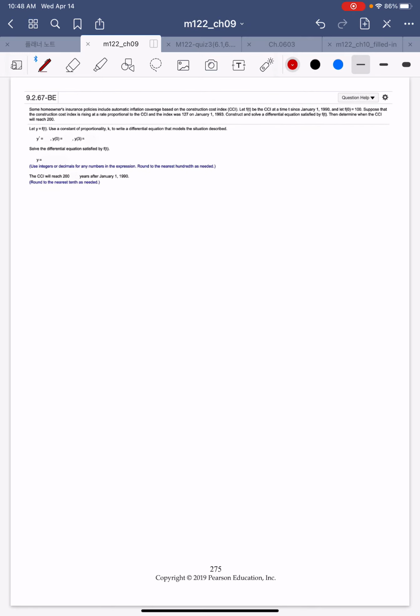Some homeowner insurance policy includes automatic inflation coverage based on the construction cost index, CCI. Let f of t be the CCI at time t since January 1st, 1990. Let f of 0 equal 100.